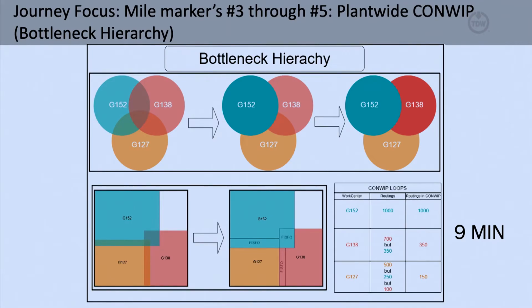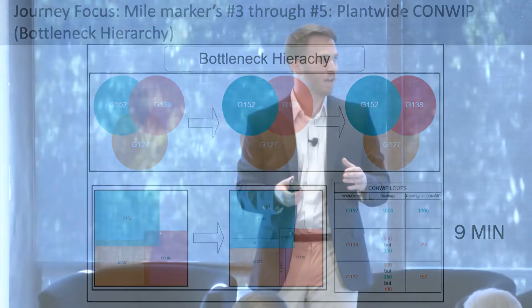And that's how we were able to create our CONWIP loops, our constant work in progress loops. And this approach worked very well. Everyone started to understand this because we have routes that go across so many different places. By doing this, we knew that we were able to control the WIP in a different way.